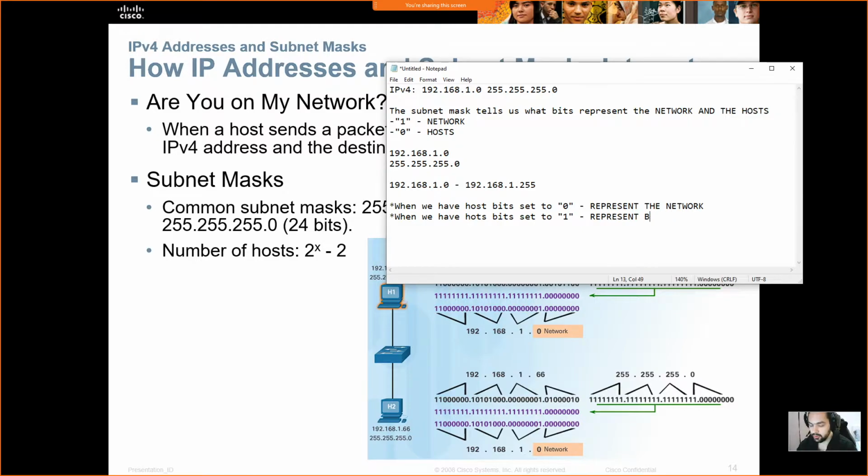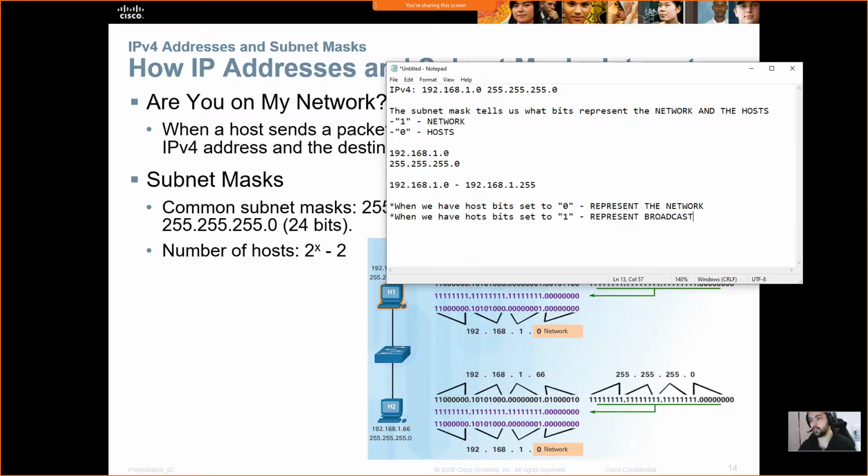Okay? So these two, by convention, cannot be used for a host. The .0 is used to identify the network itself, and the .255, in case all the bits are set to 1, is used to represent a broadcast address.